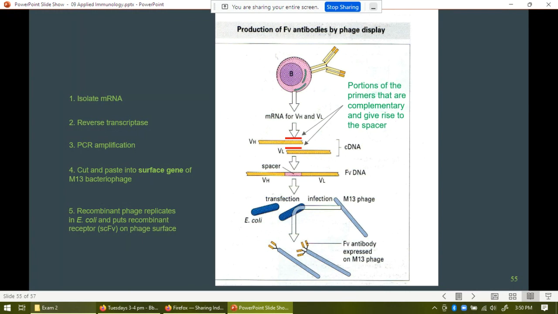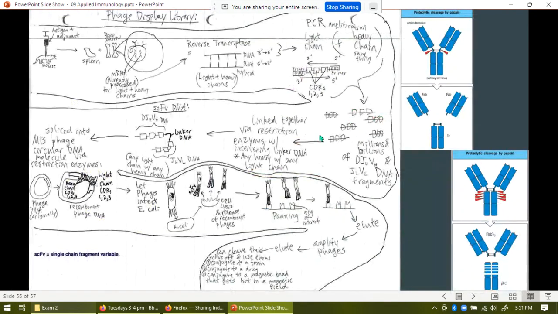For example, like I said, if you want to target a cancer-associated antigen, you can make these directed against that cancer antigen and conjugate this little tiny piece of the antibody binding domain to a cancer drug, and then the scFv molecule will bind to the cancer cell and deliver the cancer drug to that cancer cell. And basically, you have scFv delivered drug therapy.